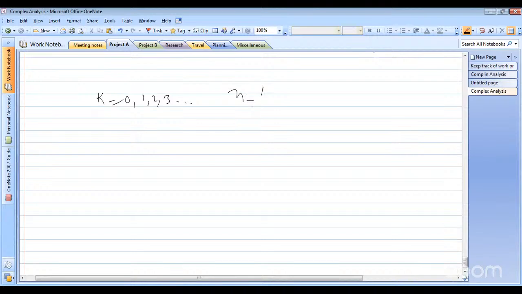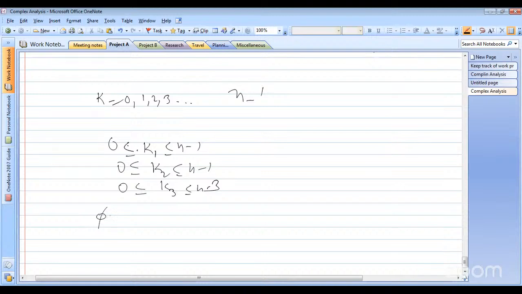All are within n minus 1, but the values k1, k2, k3 are changing. Suppose they give the same values of z.